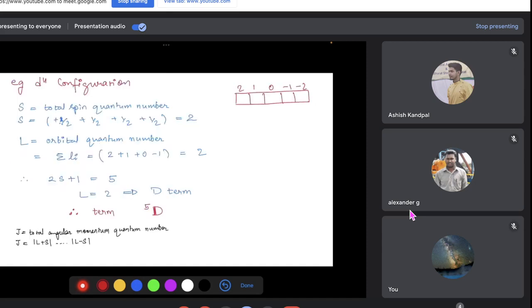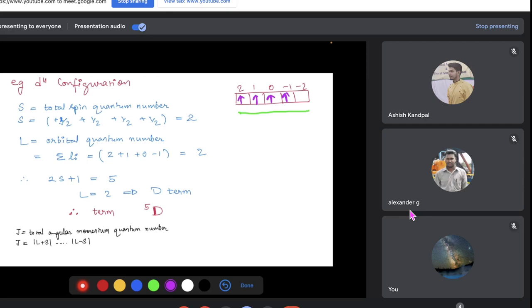Now considering the d4 configuration, we have orbitals like this. The capital S, the total spin quantum number, for 4 electrons, 1, 2, 3, 4, in the d4 configuration: they all have the same spin, either plus half or minus half.